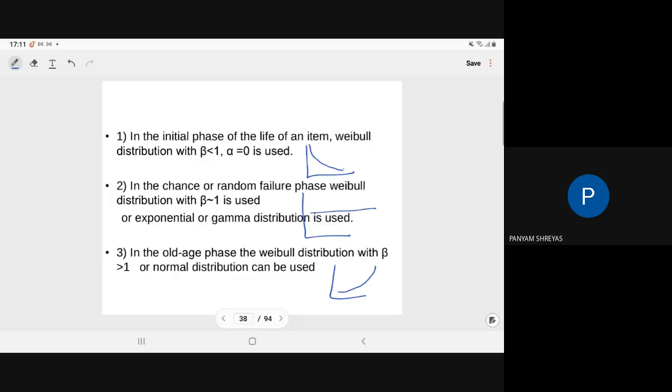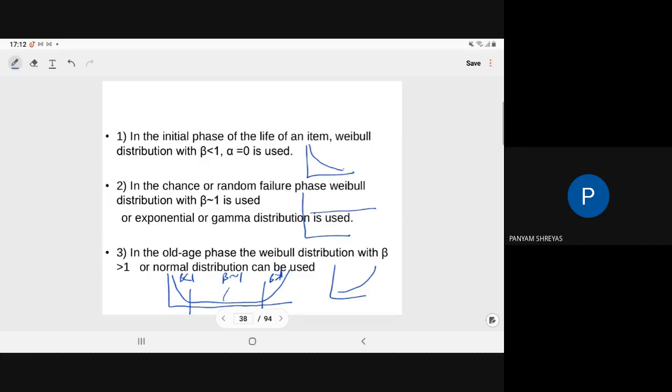Normal distribution in general is also used for the old phase. So you can see the Weibull distribution has the characteristic to represent all three phases of the bathtub by taking different values of beta. Beta less than 1 means up to here we have beta less than 1. For this, beta near to 1, and for this we have beta greater than 1. That's why the Weibull distribution is the most important distribution for reliability theory, because it represents all the phases of the bathtub.